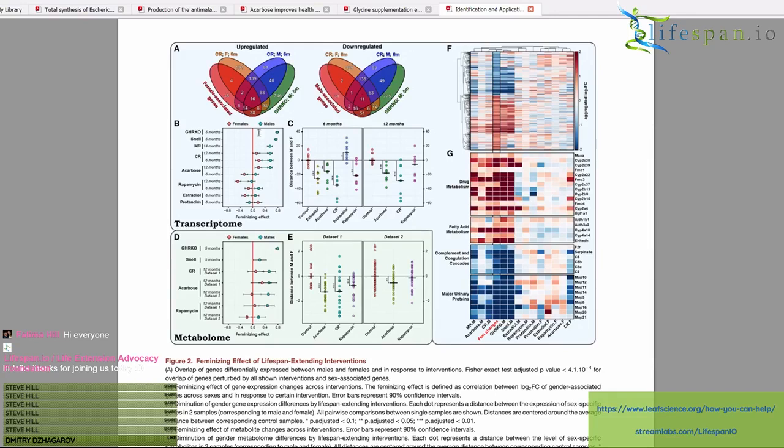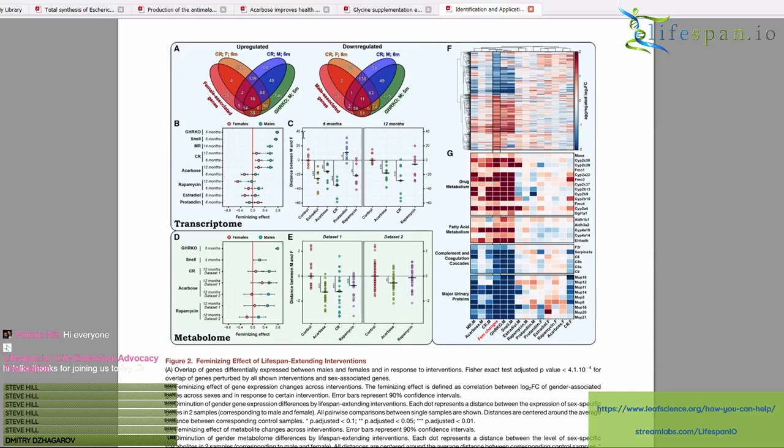And panel B shows this effect at the gene expression level. Here we observe that indeed GHRKO, which is growth hormone receptor knockout, and Snell dwarf mice, which is another growth hormone related mutant, both of them significantly feminize the male gene expression profile.